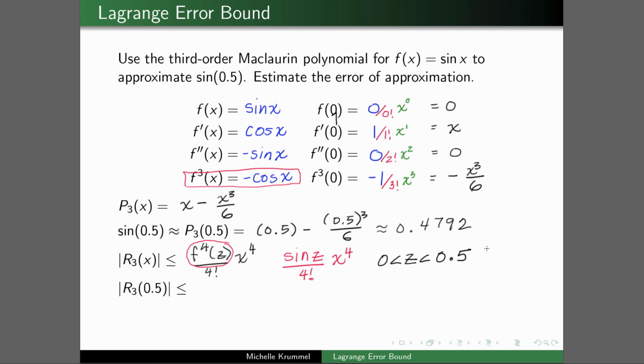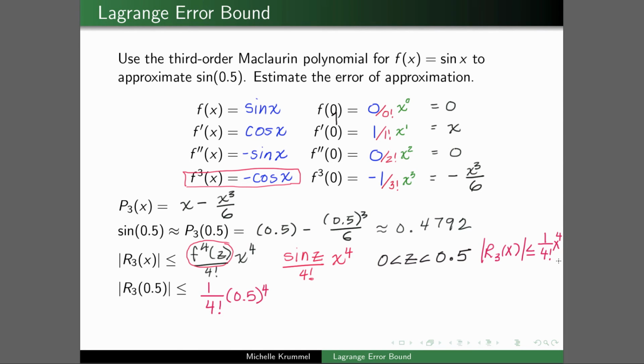So that means that the absolute value of R sub 3 of x is less than or equal to 1 over 4 factorial times x to the power 4. And now let's find the remainder at x equals 0.5. So it would be less than or equal to 1 over 4 factorial times 0.5 to the power 4.